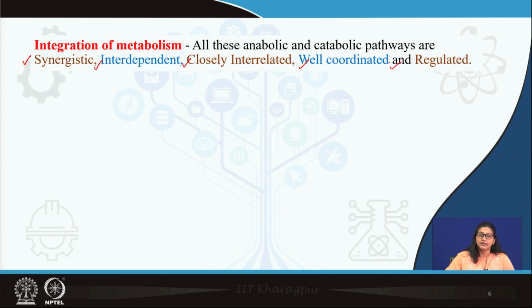So that is integration of metabolism, that all these anabolic and catabolic pathways in a single cell are occurring synergistically with coordination to each other, and they are regulated by some common signals. So that is interdependence. Now why is this integration basically required?